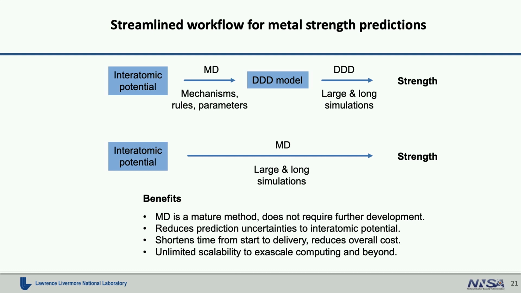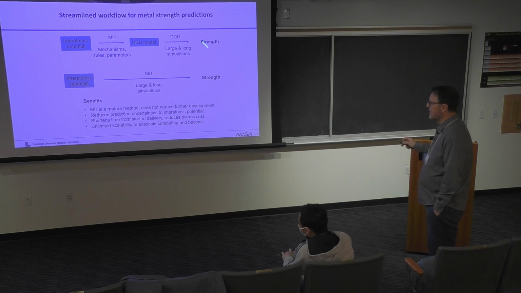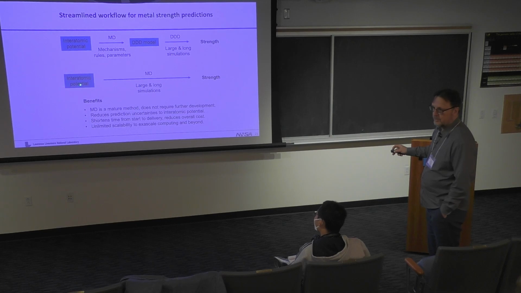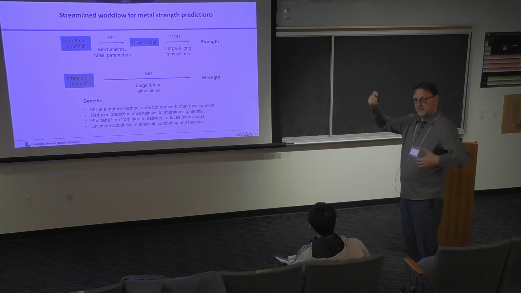The LAMMPS people will take care of that, so it's cool. And basically compared to that, it reduces uncertainties to just one single source, the interatomic potential. Mind you, that same source of uncertainties is there, but you add additional ones, most often uncontrolled, whenever you do upscaling in this multi-scale hierarchy.